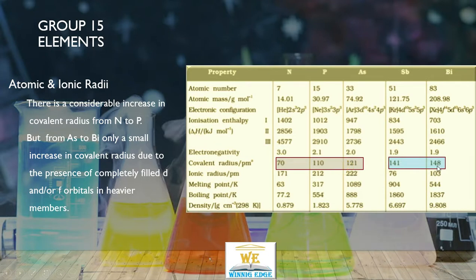Now going to bismuth, we see there is only a 7 picometer increase. The reason is 4f electrons have an even poorer shielding effect than d orbitals. So the effective nuclear charge experienced by the outermost electrons of bismuth, these 5 electrons, is still stronger. That causes the electrons to be tightly bound to the nucleus and results in smaller covalent radii.